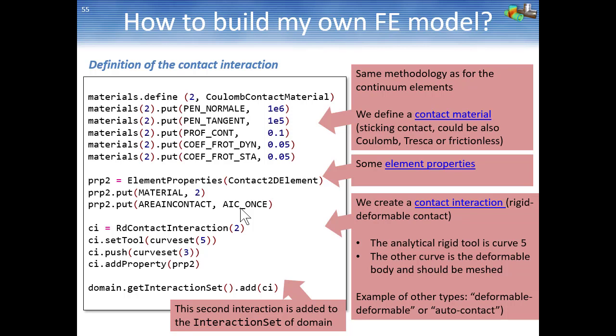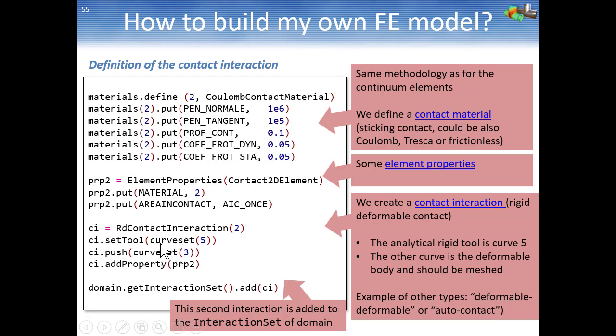That's a detail. You will see this in the lecture about contact during the class. So a material, an element property, and then something which links the geometry and the property.